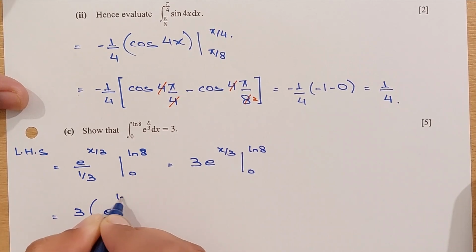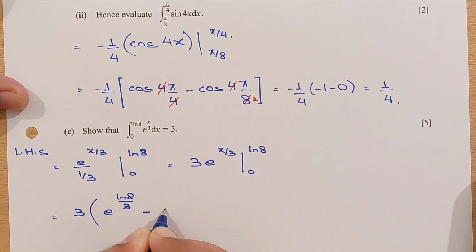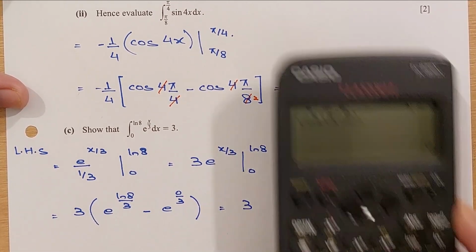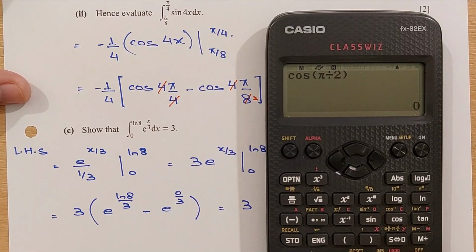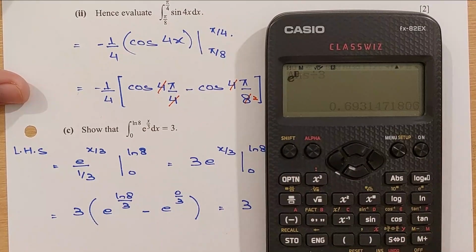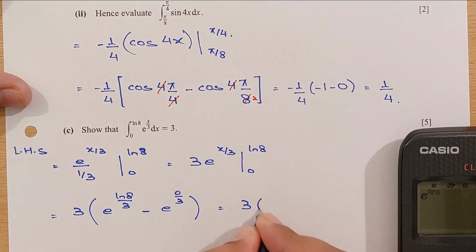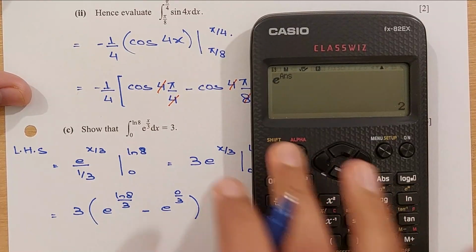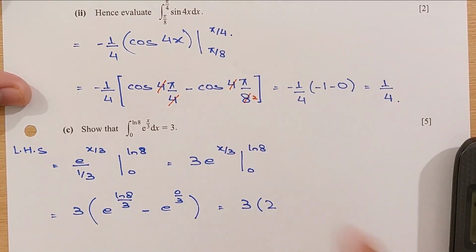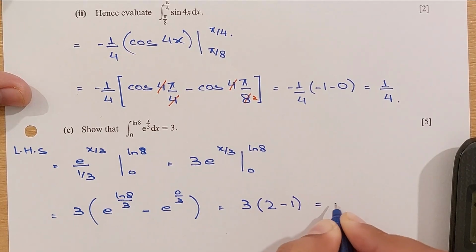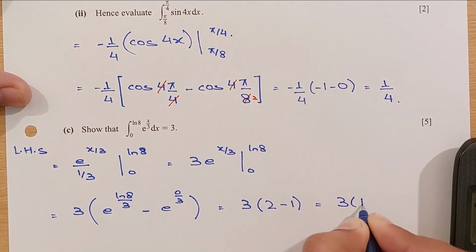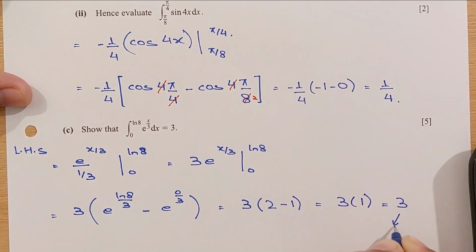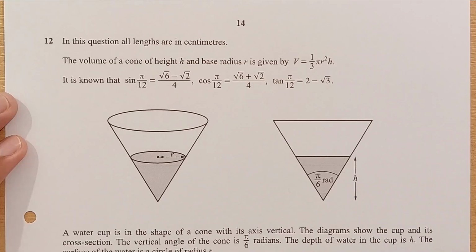We have e power ln of 8 by 3 minus e power 0 by 3, upper and lower limit. So 3 times e power ln of 8 divided by 3, and e power that is just 2, and e power 0 is 1. 2 minus 1, this equals 3 times 1, this equals 3. And this is my right hand side. So it is proved that this integral is 3.